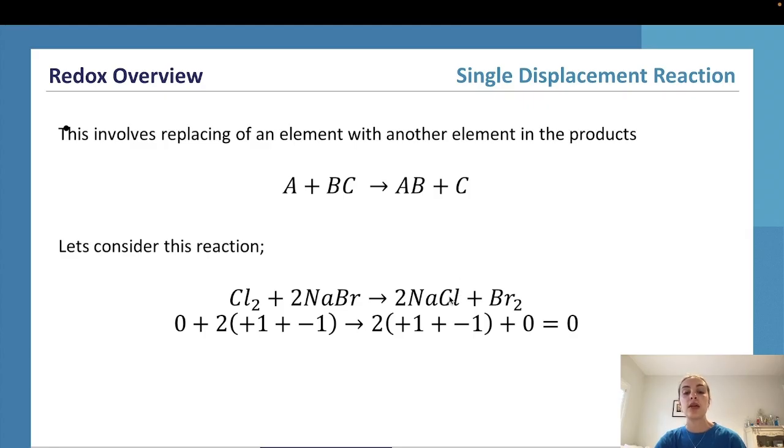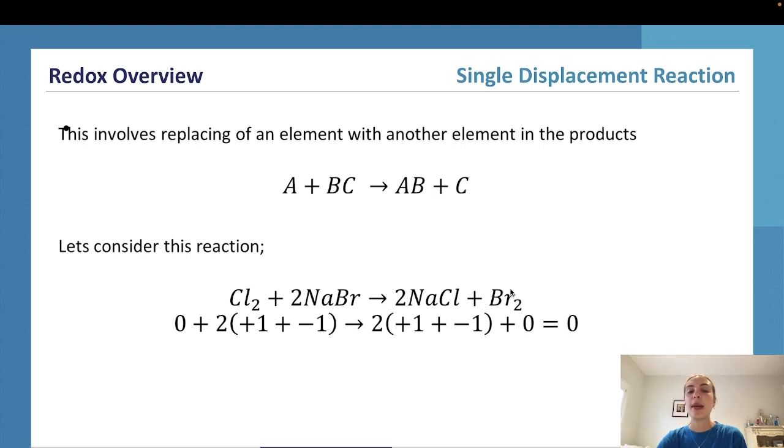Then for chlorine, going on to rule 7, we know that our group 17 elements are going to have a charge of -1. So sodium is staying as +1, but chlorine is changing to -1. So chlorine goes from 0 to -1, so it's gaining 1 electron.